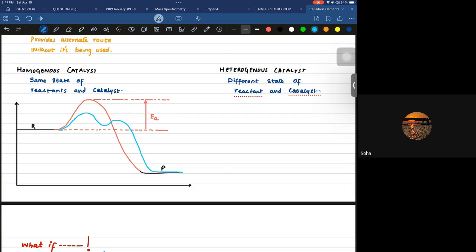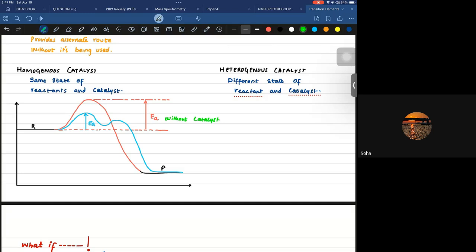Okay, so this is your activation energy, but this activation energy is for without catalyst.